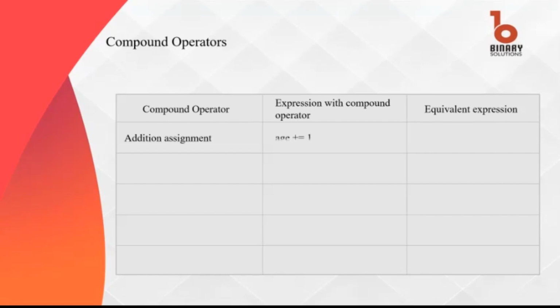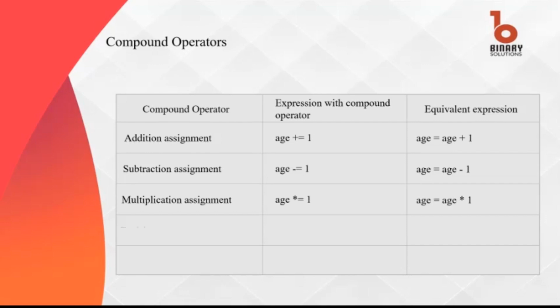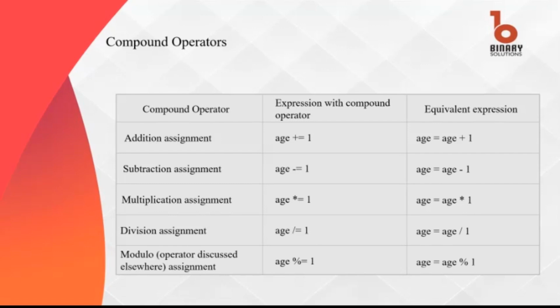It provides 5 examples: addition assignment plus equals, subtraction assignment minus equals, multiplication assignment asterisk equals, division assignment slash equals, and modulo assignment percent equals. Each of these compound operators reduces redundancy by removing the need to repeat the variable name on both sides of the assignment, making code more concise and easier to read.